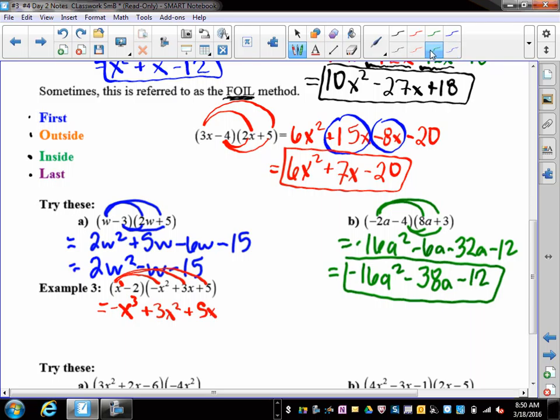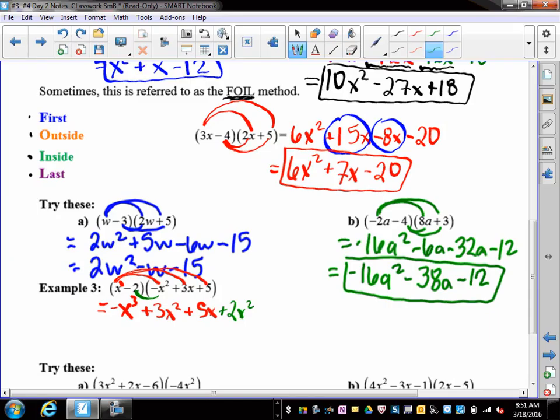Now let's distribute the next one. Notice it's a negative 2. Negative 2 times negative x squared. Good. Positive 2x squared.